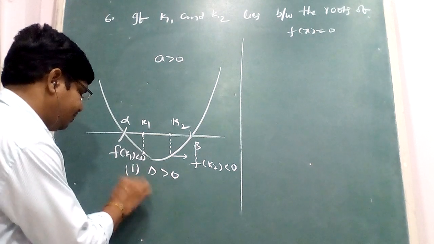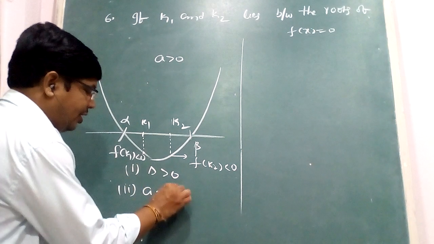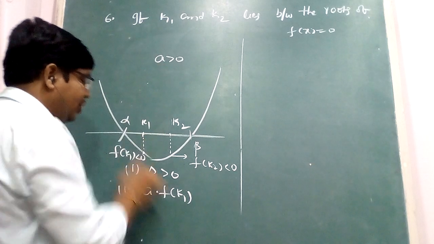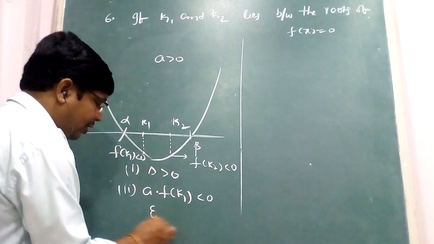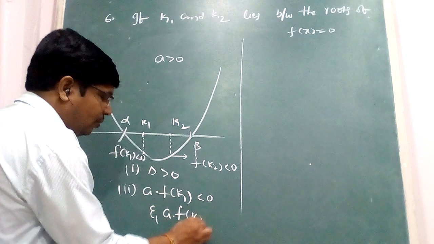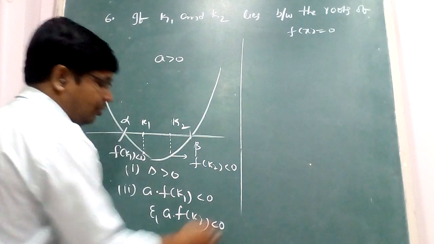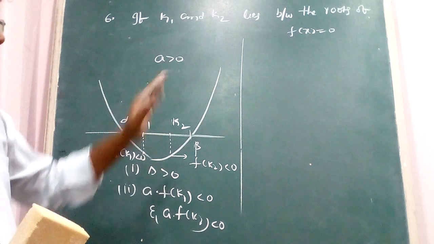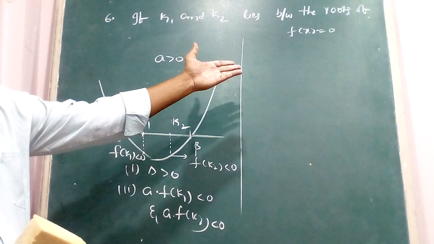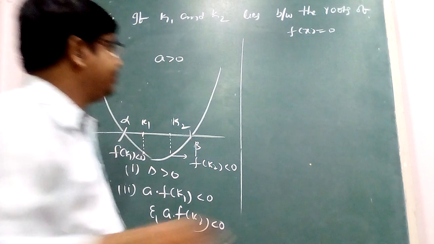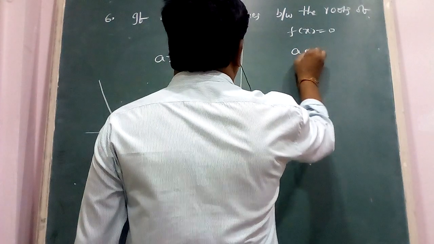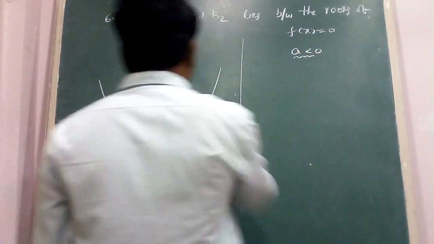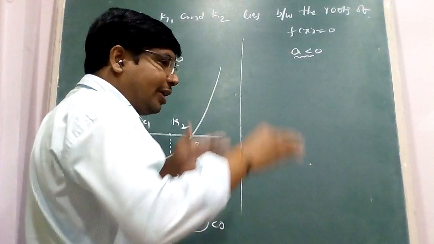Second condition is a into f of k1, where a is positive and f is negative, so it is negative, and a into f of k2, positive and negative, is negative. And one more: if a is less than 0, then the graph is downwards.